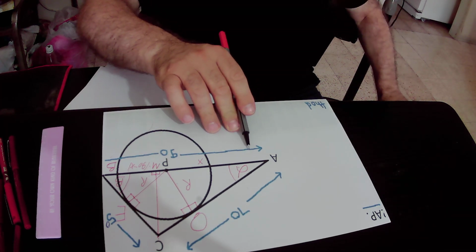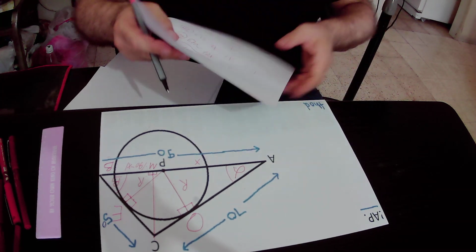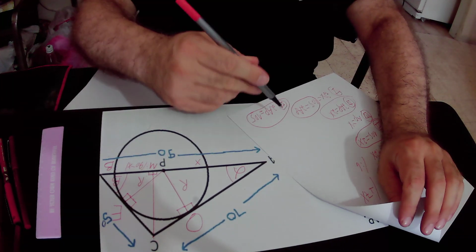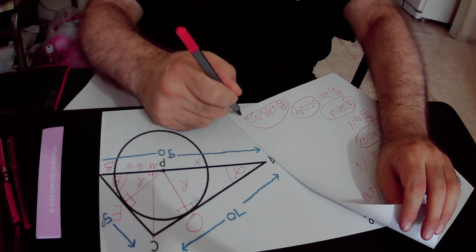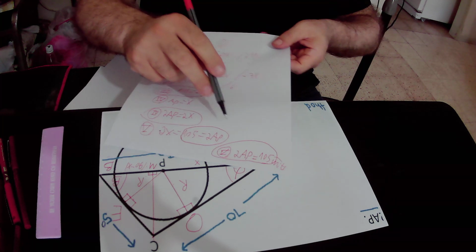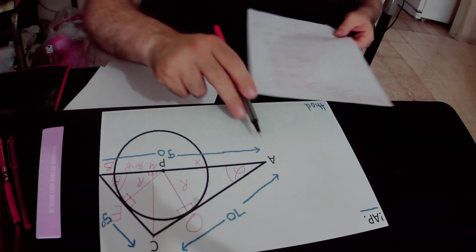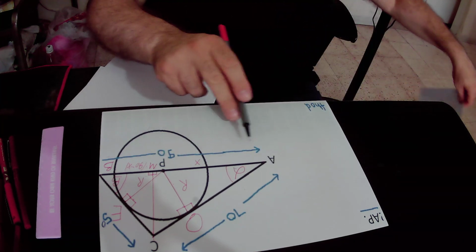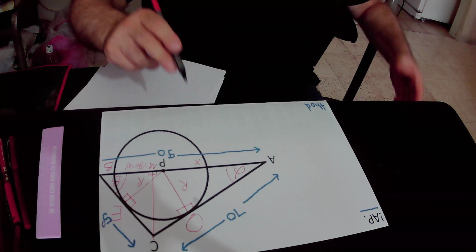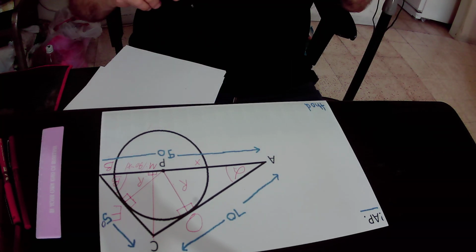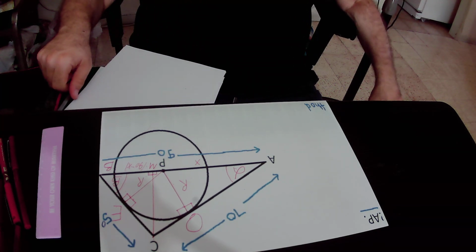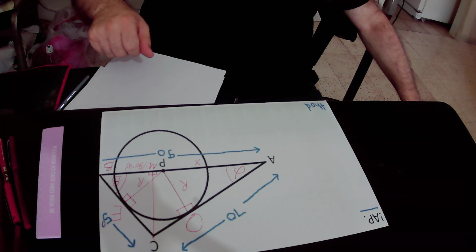So I'll add here units. So the value of 2 times AP here is 105 units, or the size of 2 times AP is 105 units. Okay, so now I've summarized the lecture.